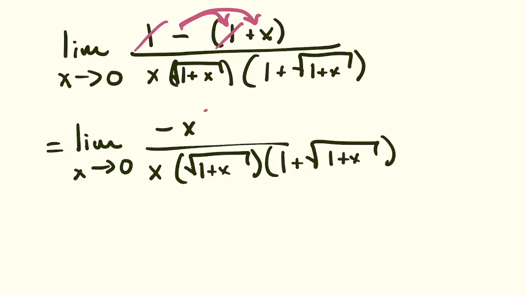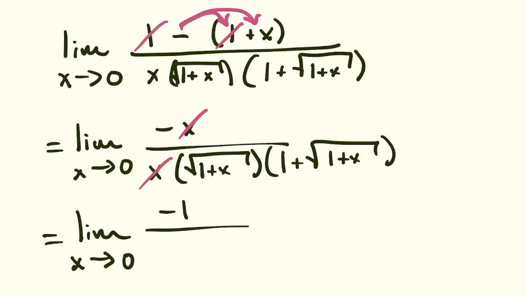Now we can cancel that x out on front, which is going to make our lives even better. limit as x goes to 0 of -1 over square root 1 plus x, 1 plus square root 1 plus x.